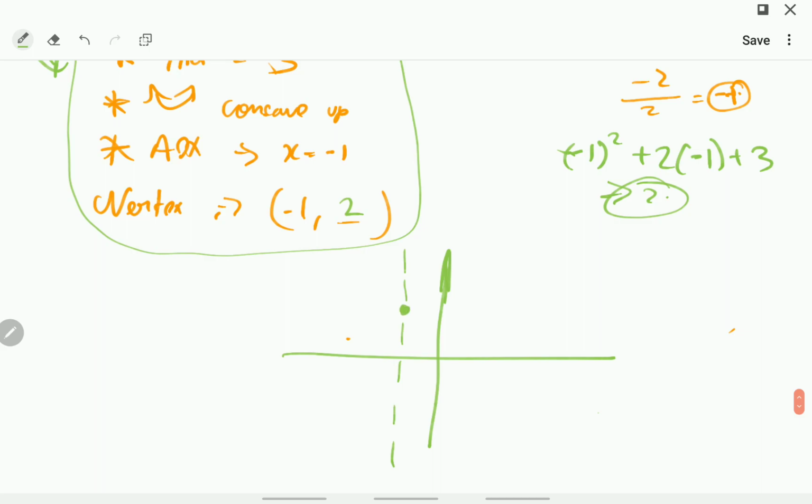And we know the y-intercept is equal to 3. It has no x-intercept. With all that given, let's just graph.